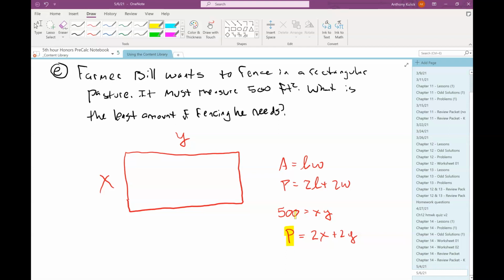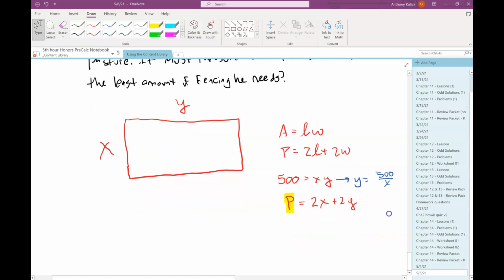So I'm going to eliminate the Y's by using the area equation. I can rearrange the area equation to be Y equals 500 over X, and then I can substitute it into the Y in the perimeter equation.